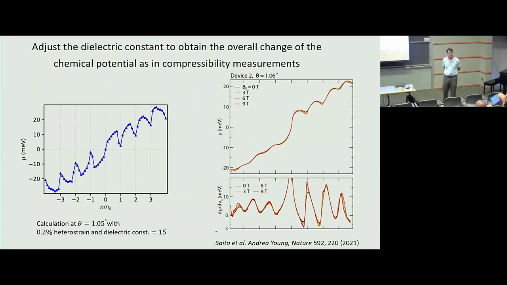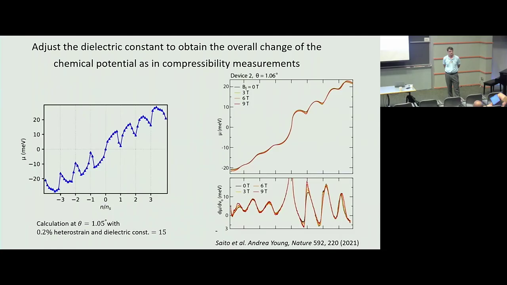Okay. So having the sample encapsulated or not can affect this, right? And this could effectively mean that the calculation you think is at the magic angle could be effectively at a larger angle, because if you push epsilon down, that's like increasing the bandwidth.